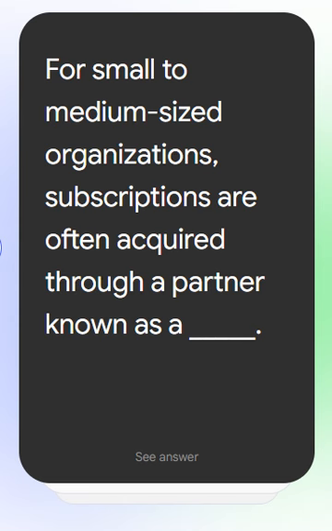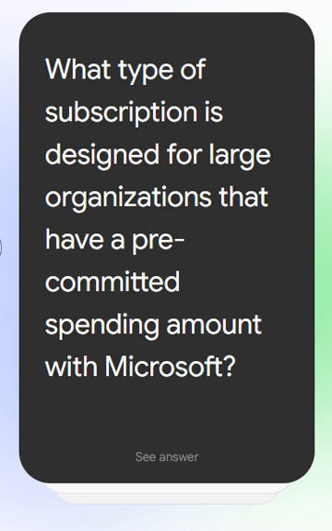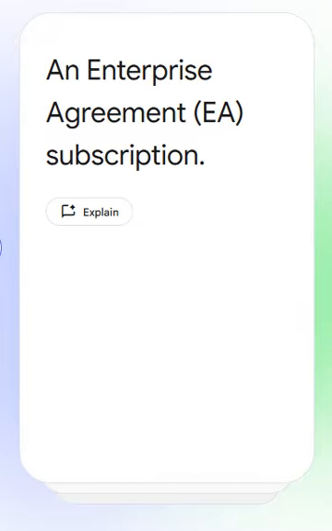For small to medium-sized organizations, subscriptions are often acquired through a partner known as a Cloud Solution Provider (CSP). What type of subscription is designed for large organizations that have a pre-committed spending amount with Microsoft?